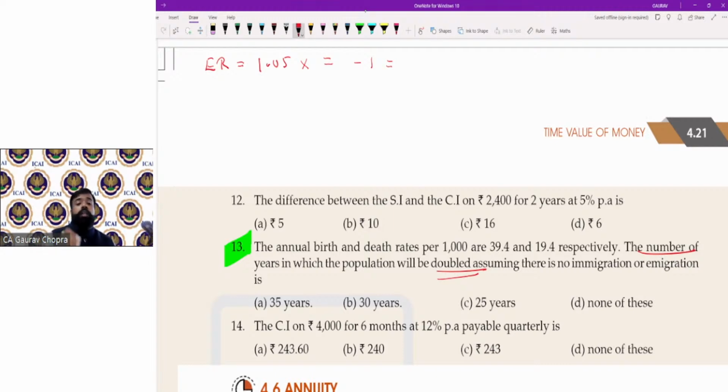Now, what is the simple interest for 2 years? 1 year it is 5%, for 2 years it will be 10%. So minus 10%, that is 0.10. Now, you are getting 0.0025, put this into memory. Or you can do this directly, 0.0025, then multiply with the principal, that is 2400. Answer will be on your screen. So you can do this directly on your calculator.